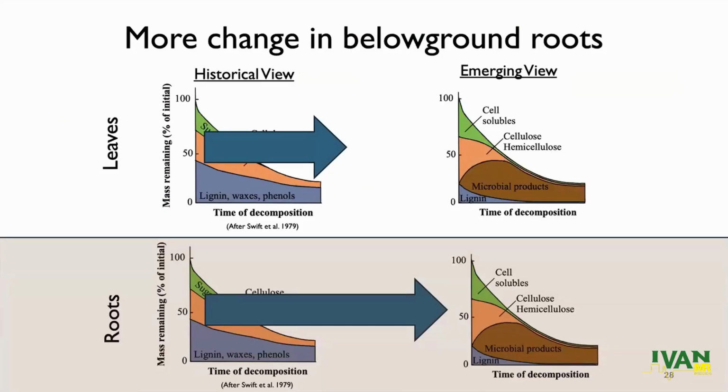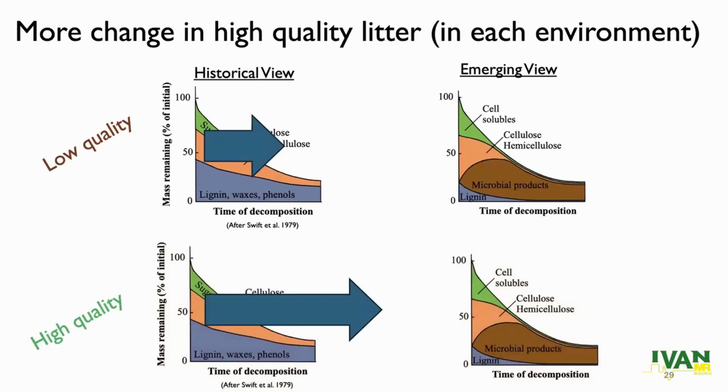So going back to our theoretical construct, we saw more change below ground in roots, turning more into microbial stuff, those lipids and proteins, and maybe a bit more change in the high quality versus the low quality litter towards microbial products and away from plant products.